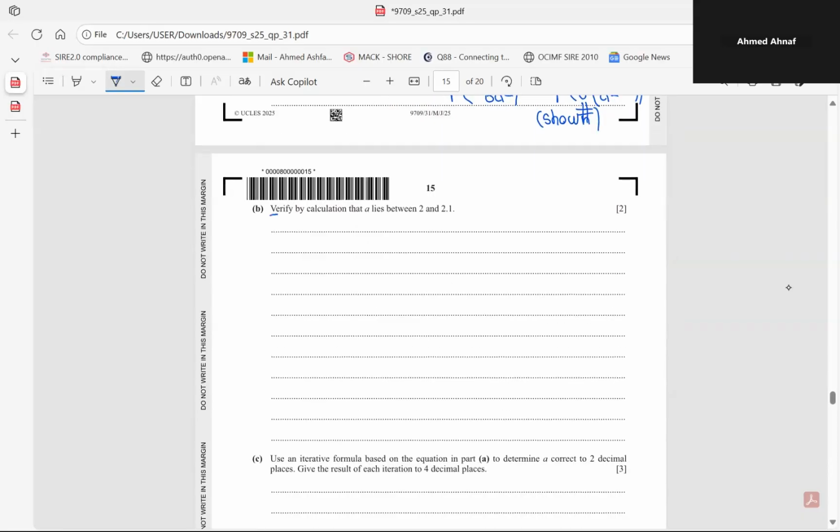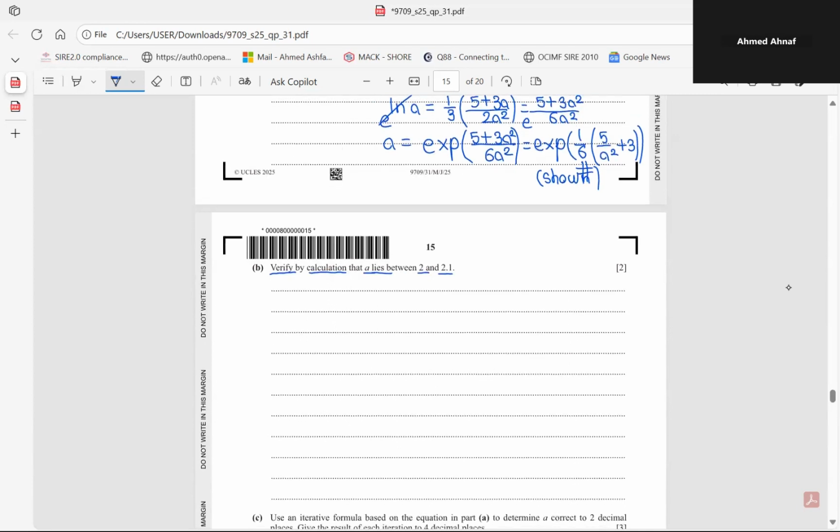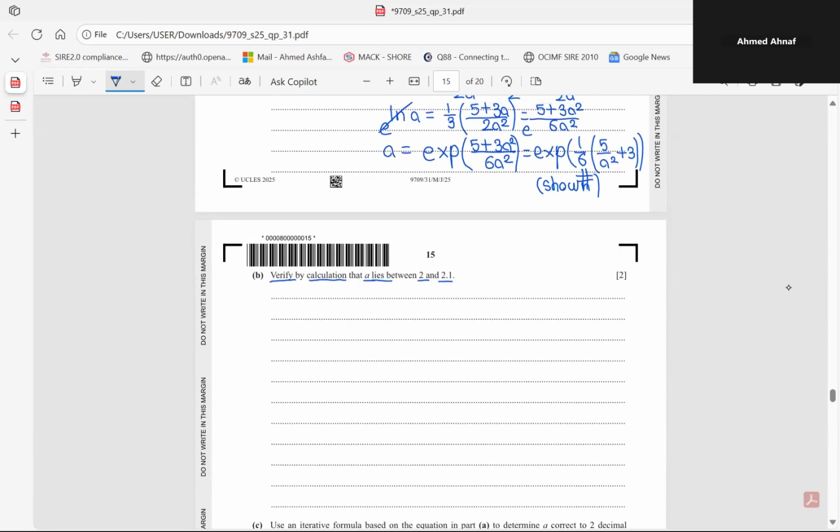Okay, now we have to verify by calculation that a lies between 2 and 2.1. How I like to do this question is to take the result that we proved at the previous part.